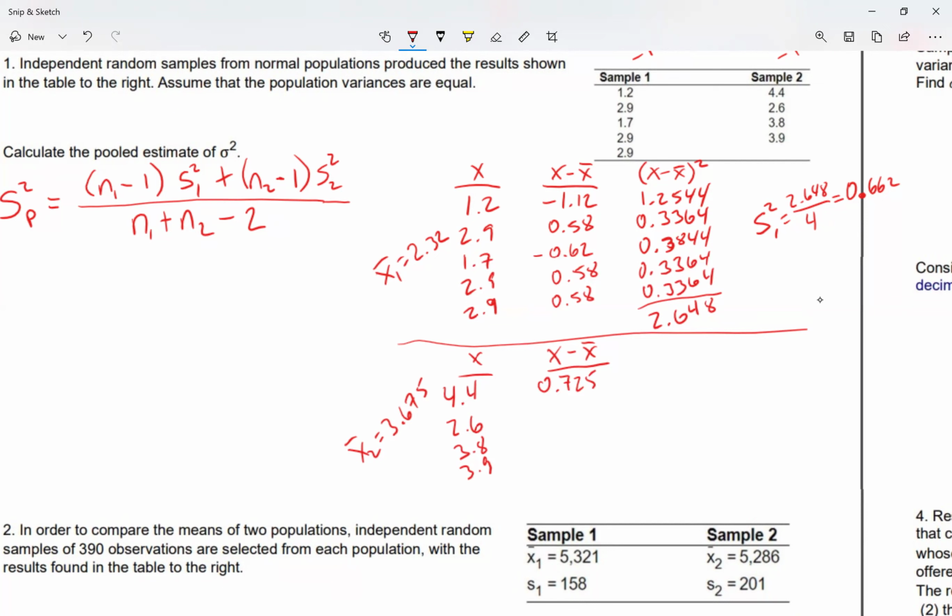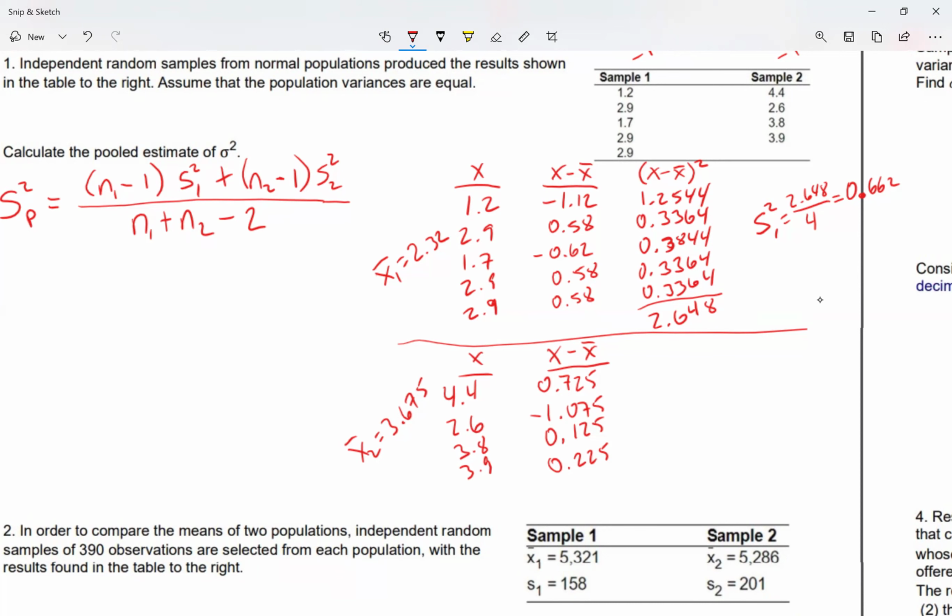Now 2.6 minus the average is a negative 1.075. 3.8 minus the average is 0.125. 3.9 minus the average is 0.225. Now, if you know how to do Excel, you have a calculator that gives you the sample variance, use it. I'm doing it by hand just to show you how it gets done.